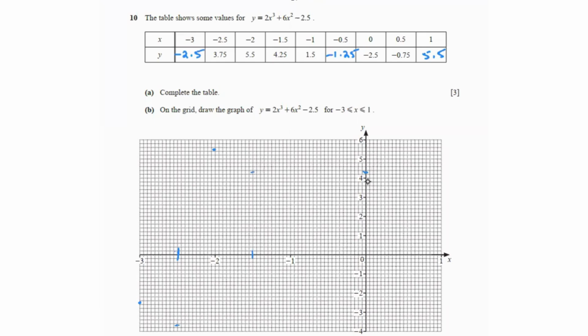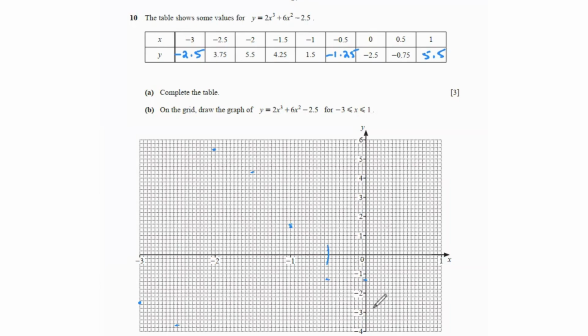The squares are tiny. Then -1 and 1.5. And -0.5 and -1.25. Let's say that's that.